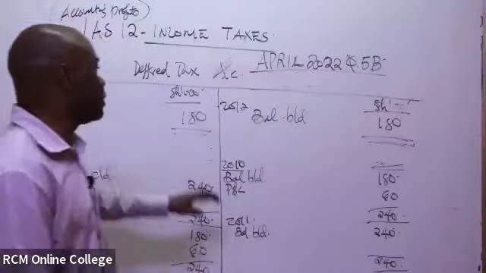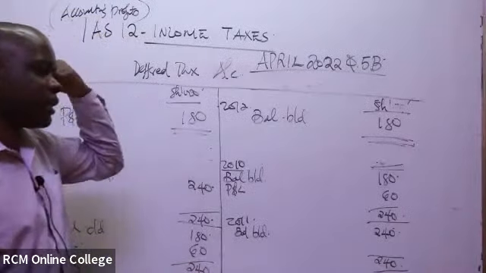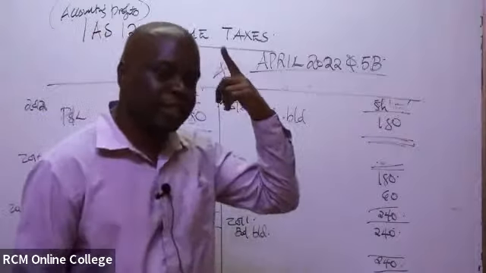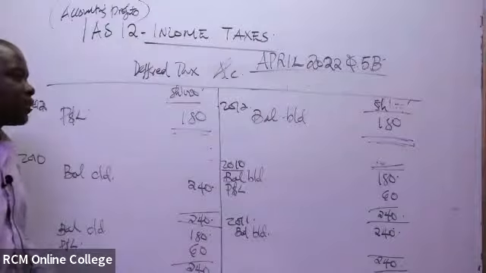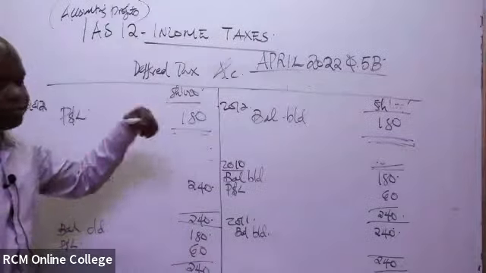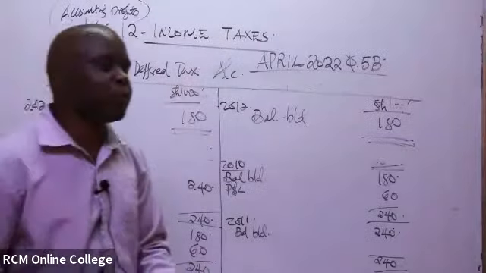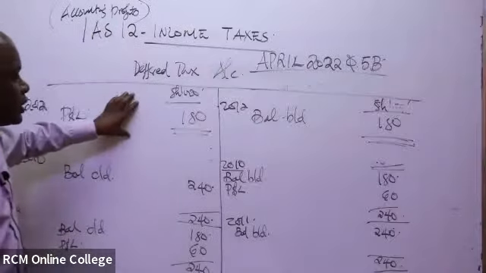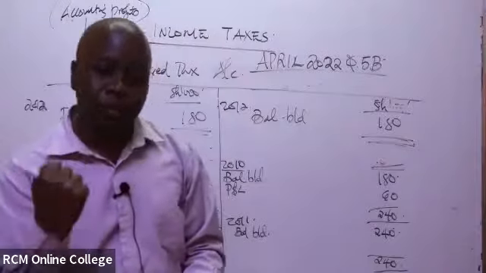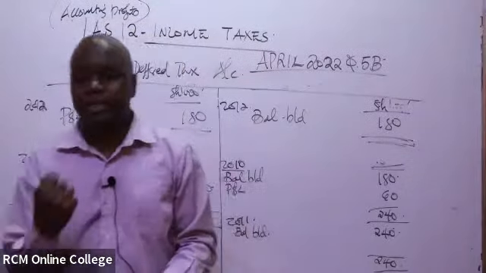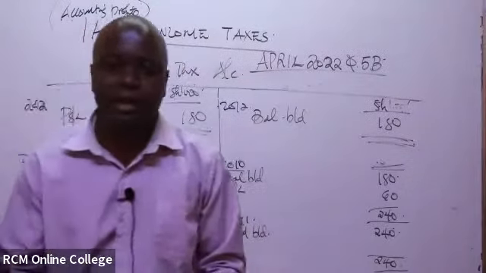So if you're having to debit this account, you need to ask yourself, which other one is having to be credited? It is the P&L account, which is here. So the difference, we're having to close it in the P&L account. Of course, if there is a debit entry here, then in the P&L account it will be a credit entry. All credit entries in the income statement are incomes.